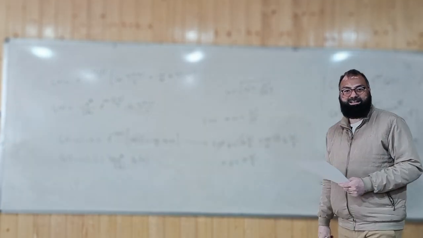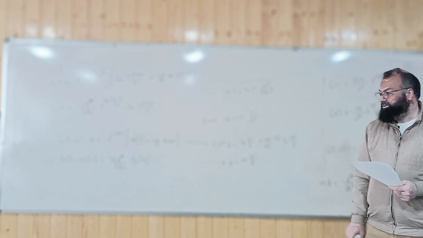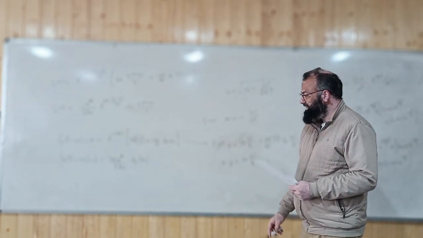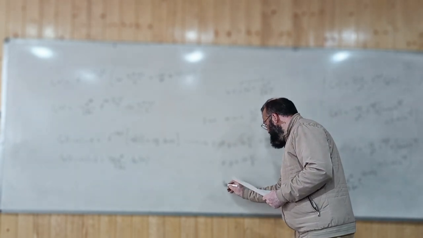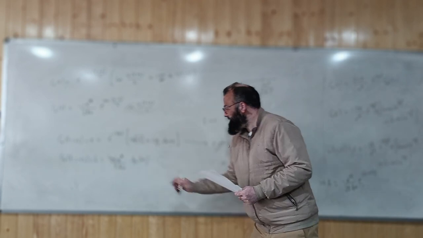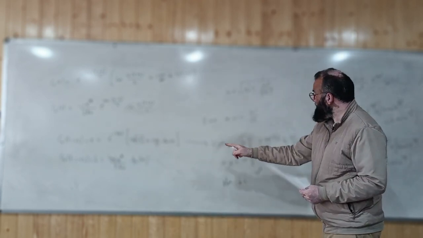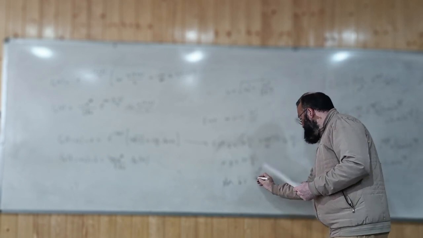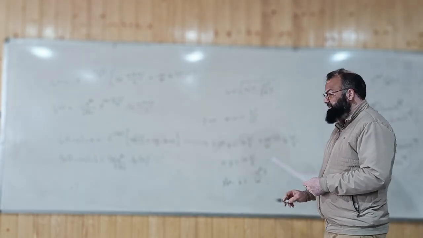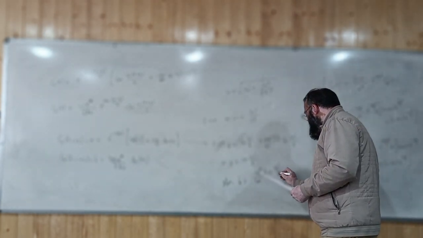Now you see A is independent of time, which is what we predicted earlier. Similarly, let's take B. B is minus i alpha star over the modulus of alpha, times sine of the modulus of alpha by h cross.